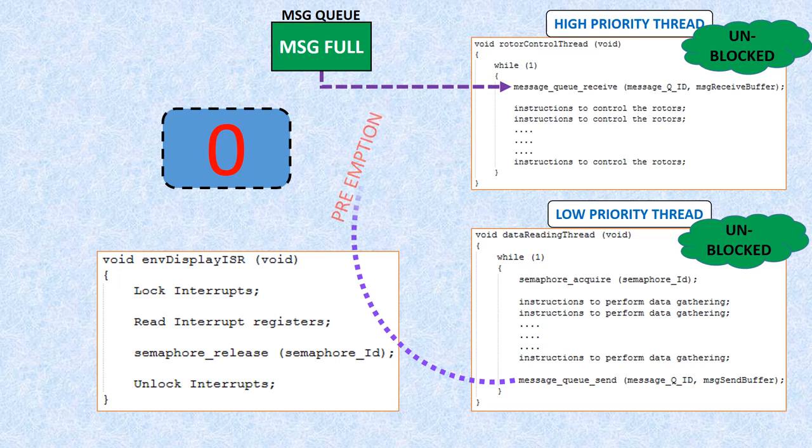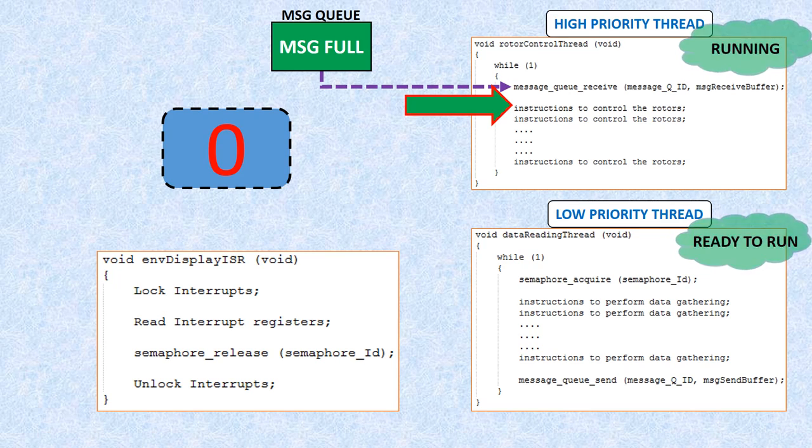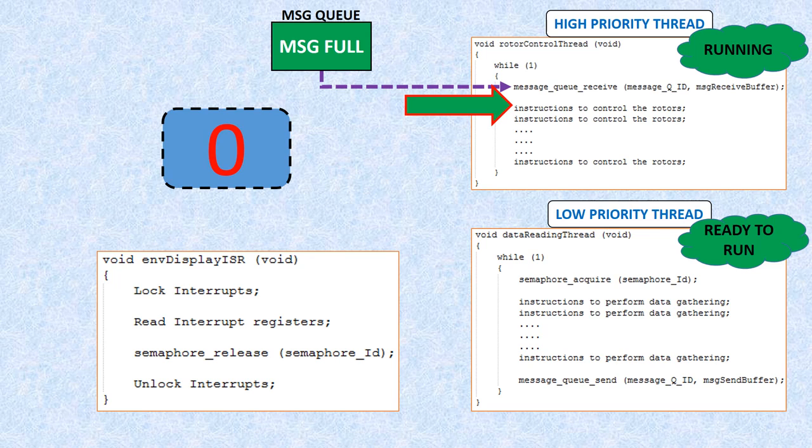Both the threads are ready to run, but the low priority thread stops executing instantly because it is of low priority, and the high priority thread gets the chance. So the rotor control thread resumes executing from where it was blocked.